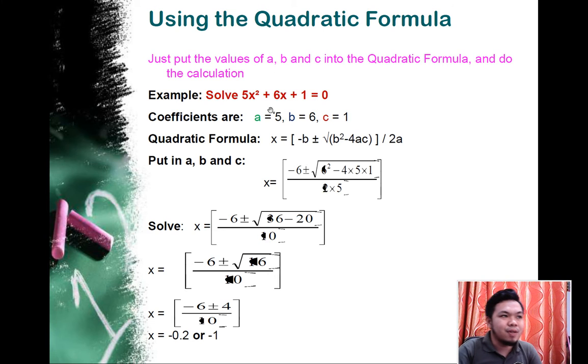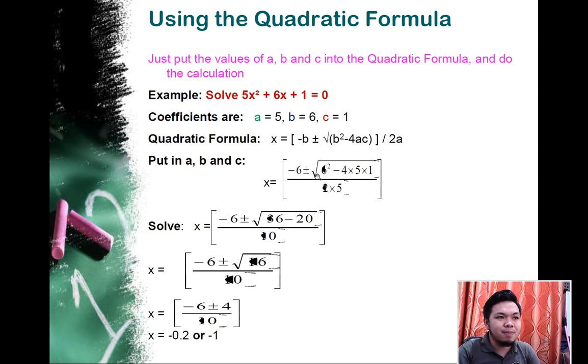Solve mo lang. So, halimbawa, 5x squared plus 6x plus 1 is equal to 0. So, alamin mo muna yung values ng A, B, and C. So, si A ay 5, si B ay 6, then si C ay 1. Then, gamitin yung formula. So, substitute mo lang yung mga values na yan. So, di ba, original negative B, so gagawin yung negative 6.